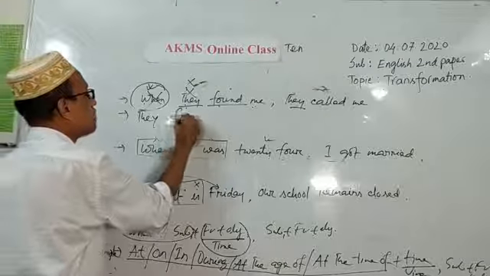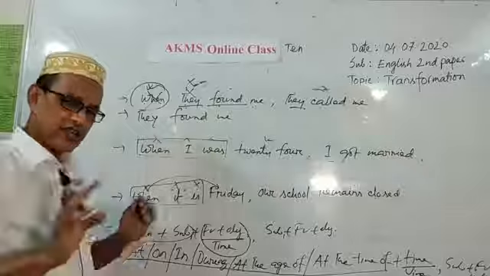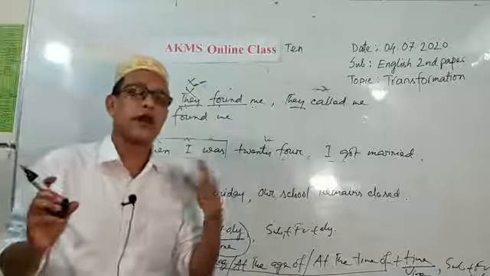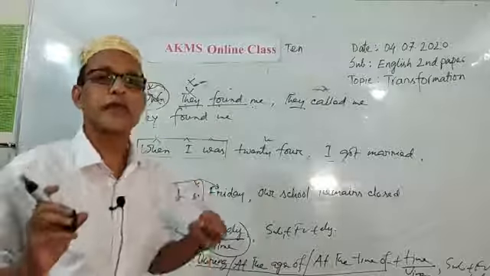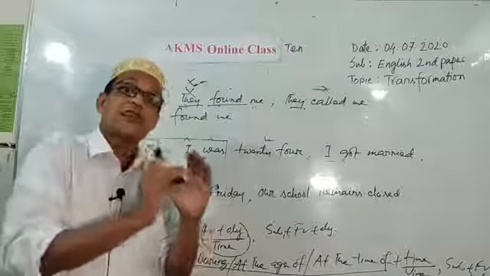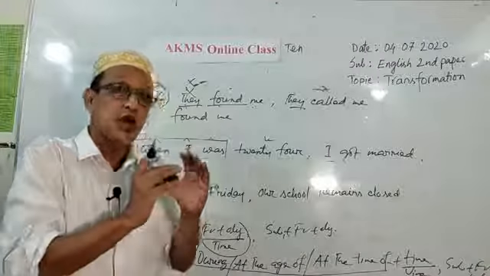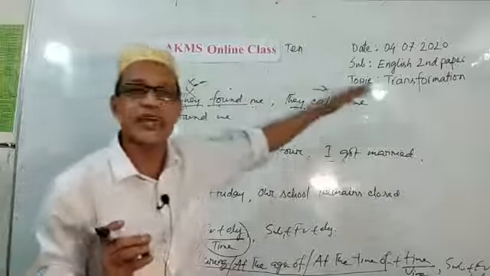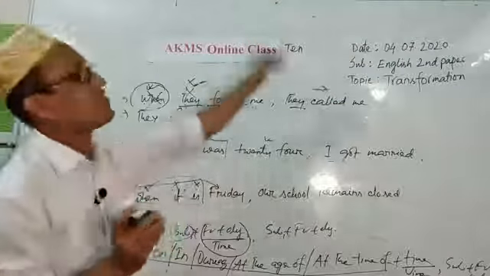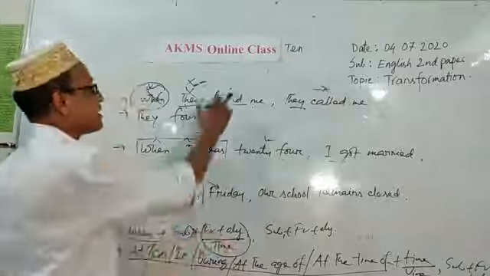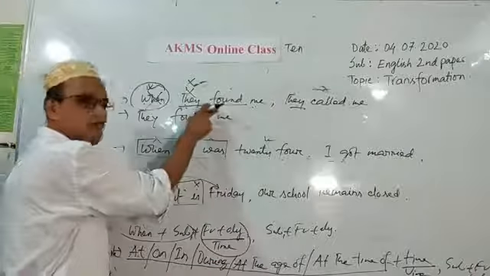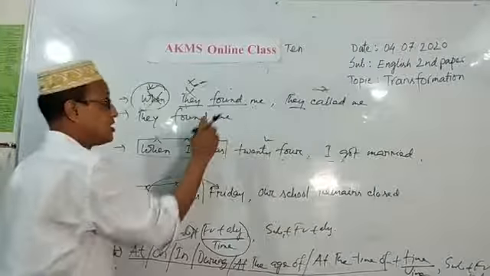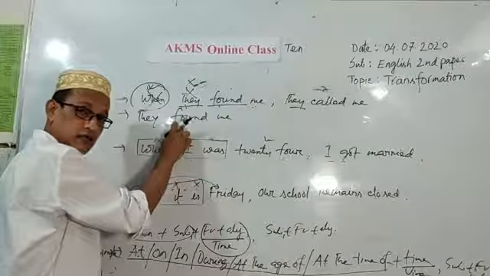They found me. And I am going to give you the instruction that whenever you are asked to make a compound sentence, the action which was held first, you should write it first, and then the second action which was done after the first action. This action of finding me occurred first, then they called me, so I will write this clause first.